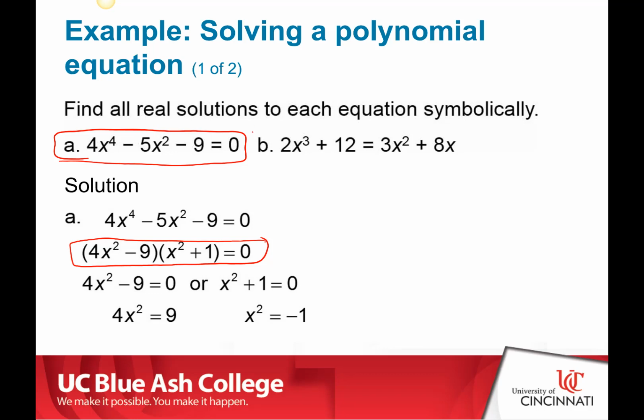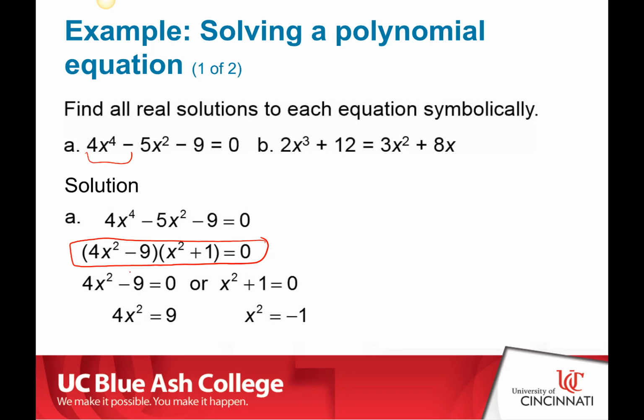Before we get into that, how many sign changes does this have? If it only has one sign change, how many real positive roots should it have? 1. Okay, so let's keep that in mind. We should only get one real positive root.